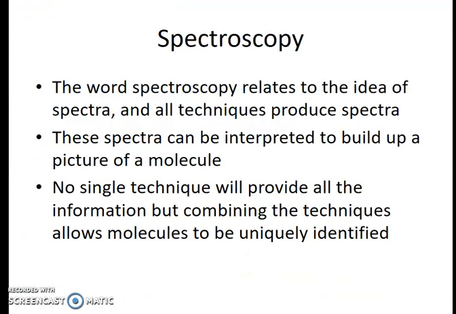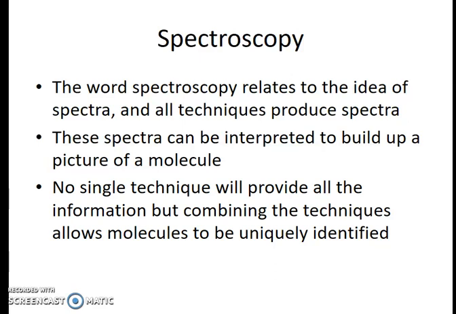Okay, so when we talk about spectroscopy, ultimately what we're talking about is spectra. What is a spectrum? A spectrum is effectively a kind of graph. Any given technique that we use will give us some pieces of information. No single technique is going to tell us everything we need to know.